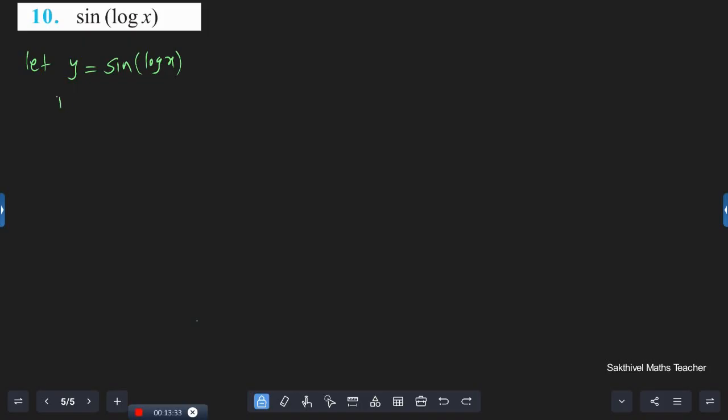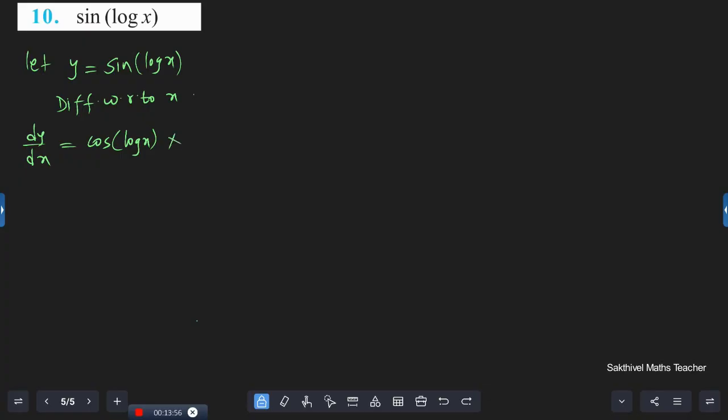Right. So again we have to differentiate directly with respect to x on both sides. When I differentiate y, dy divided by dx is equal to what is the derivative of sine? Cos. But instead of the angle we have log x. That angle you have to mention as it is. Derivative of sine is cos.